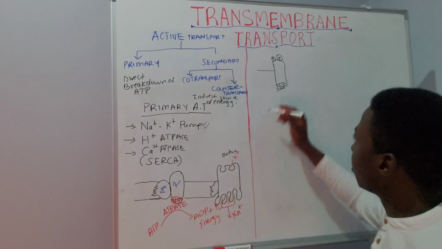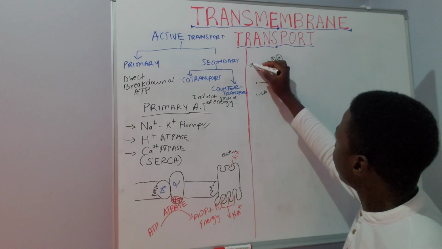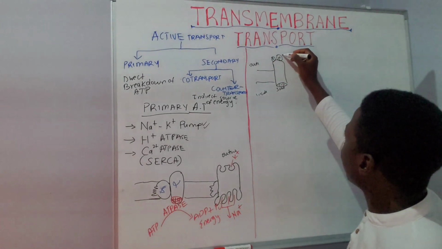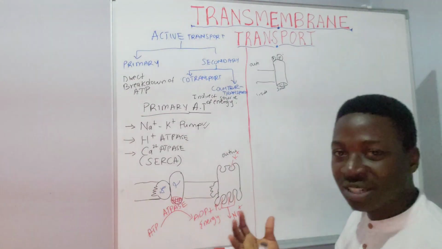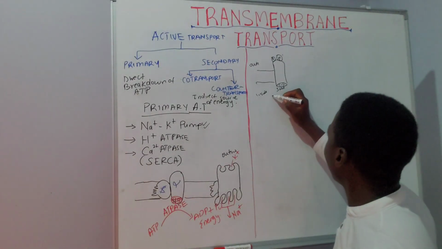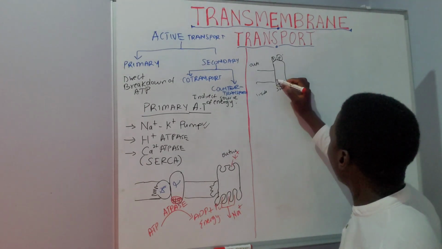When it binds 3 molecules of sodium inside the cell, and 2 potassium outside, this causes an activation. It activates the enzyme, the ATPase enzyme.